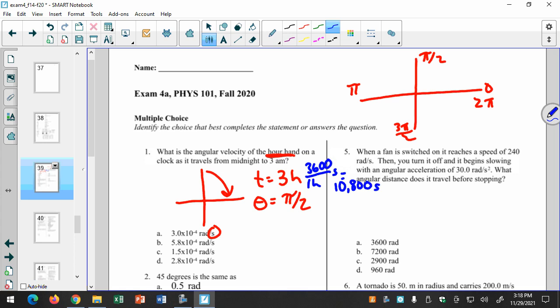So now I'm certain that I'm in the right units, because I have radians for my theta and I have seconds for my time, and that matches the units that I have in all my options. So then I just divide the two. I say pi divided by 2 divided by 10,800, and that's pi divided by 21,600. Is it C? Is that the right answer? Yeah. Okay.